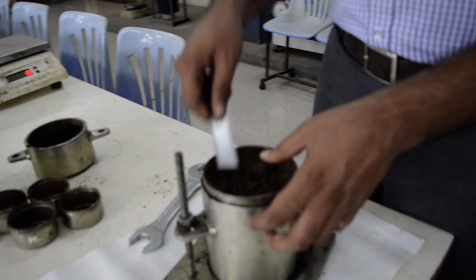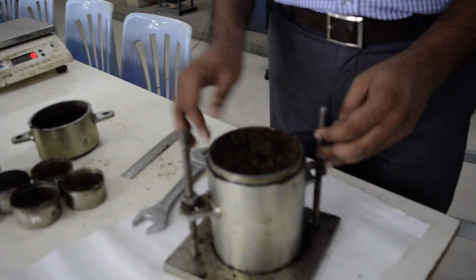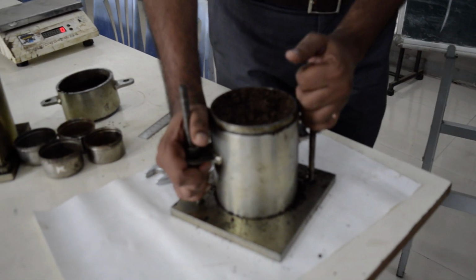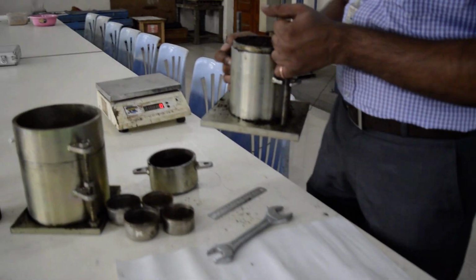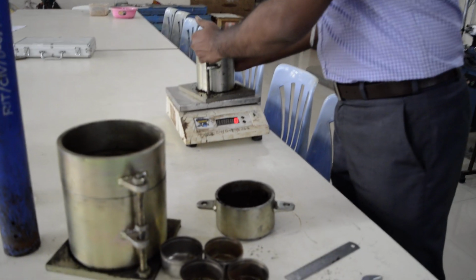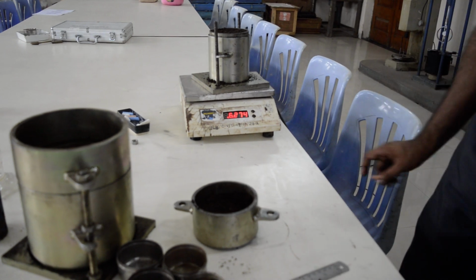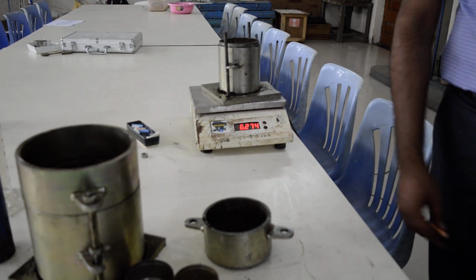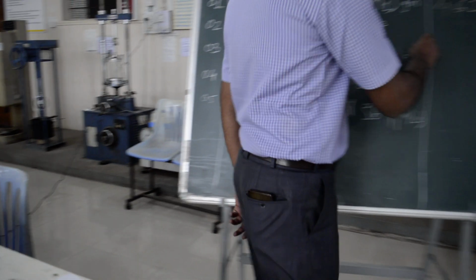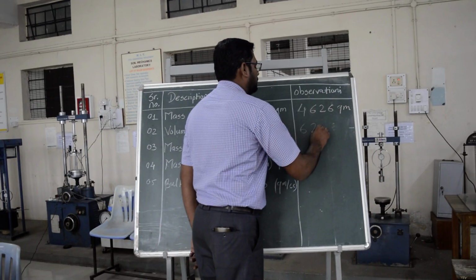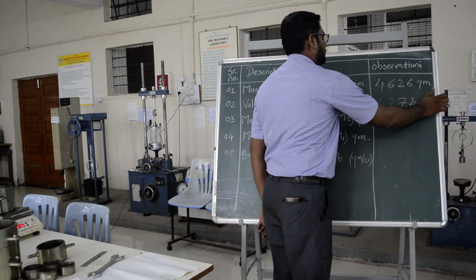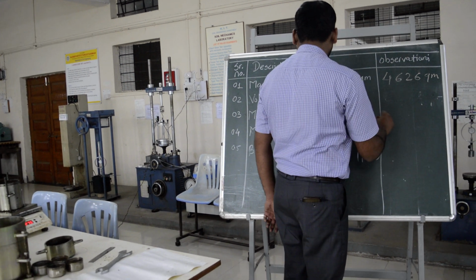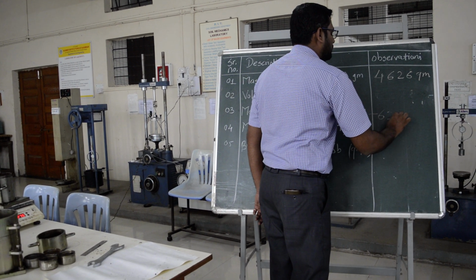Okay, there is no excess soil. So the next observation that we have to take is the mass of mold plus wet soil. So it is 6274 grams.